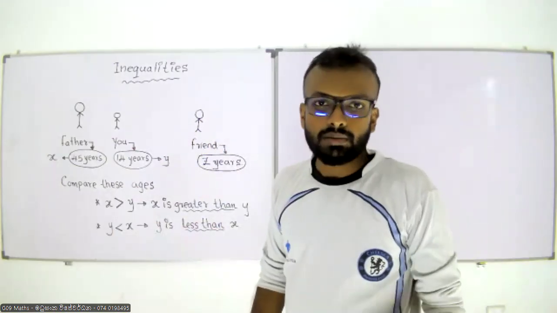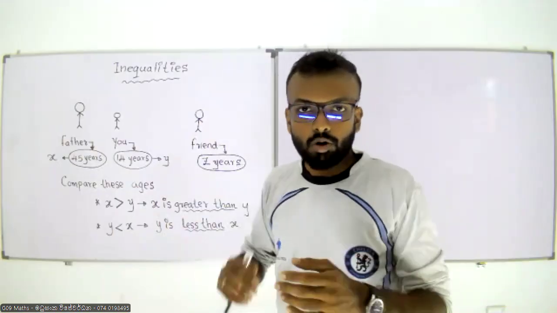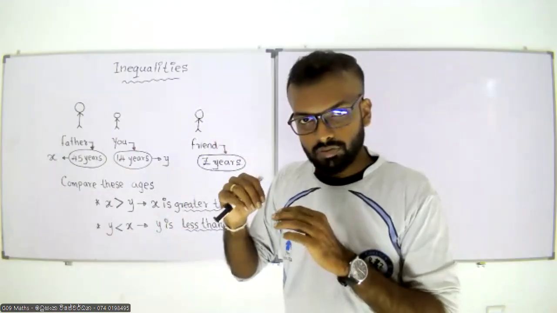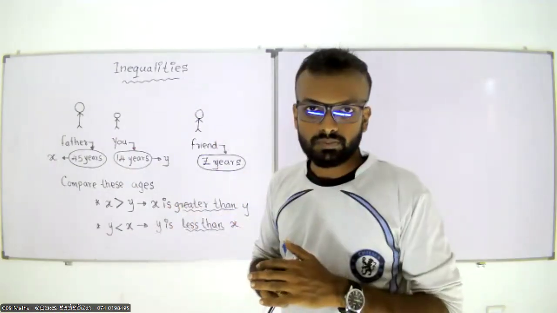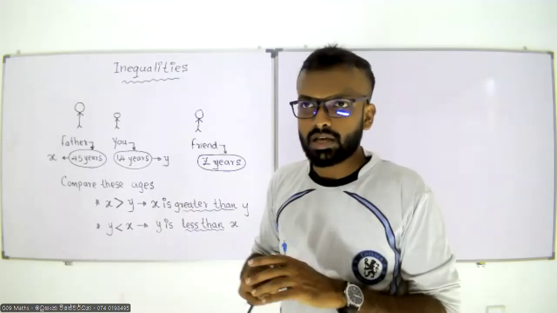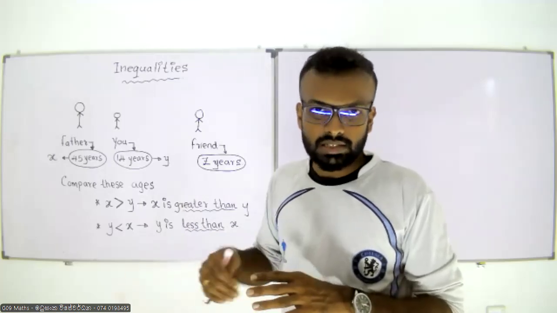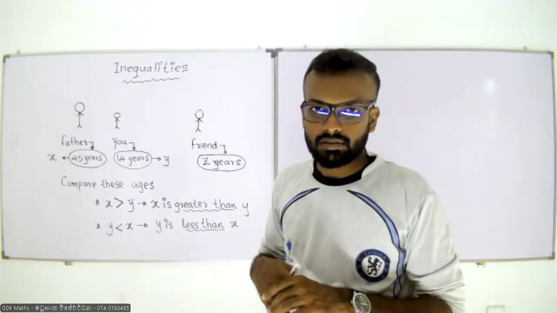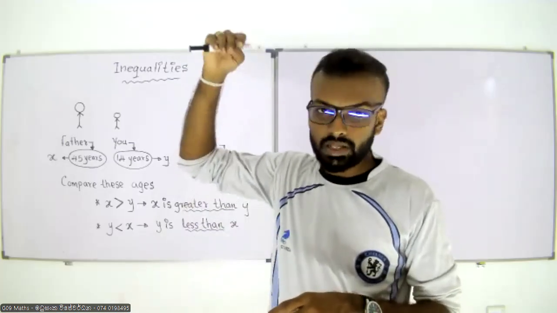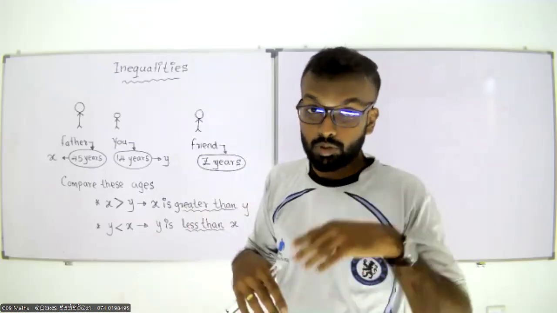Sometimes you might have friends of the same age, or older than you, or junior than you, like a junior brother and junior sister, or an elder brother and elder sister.